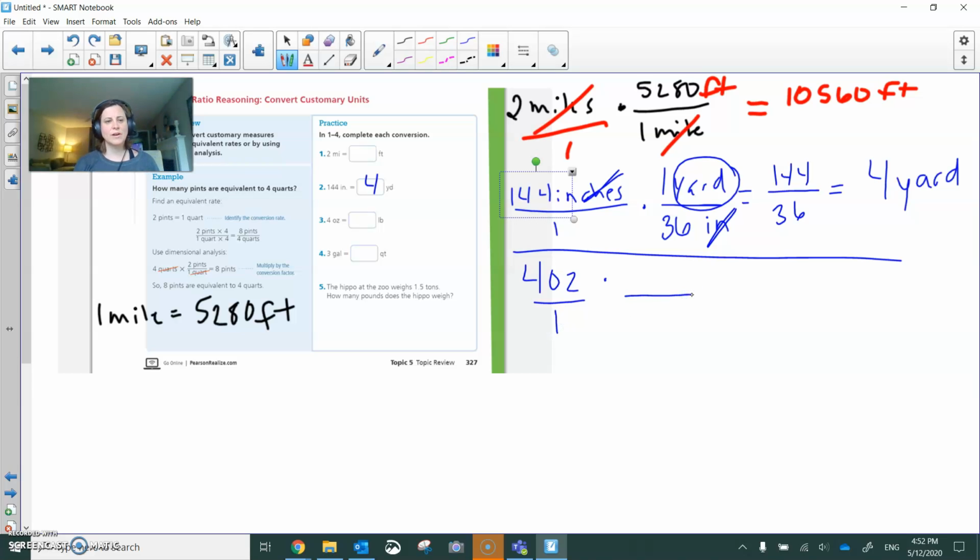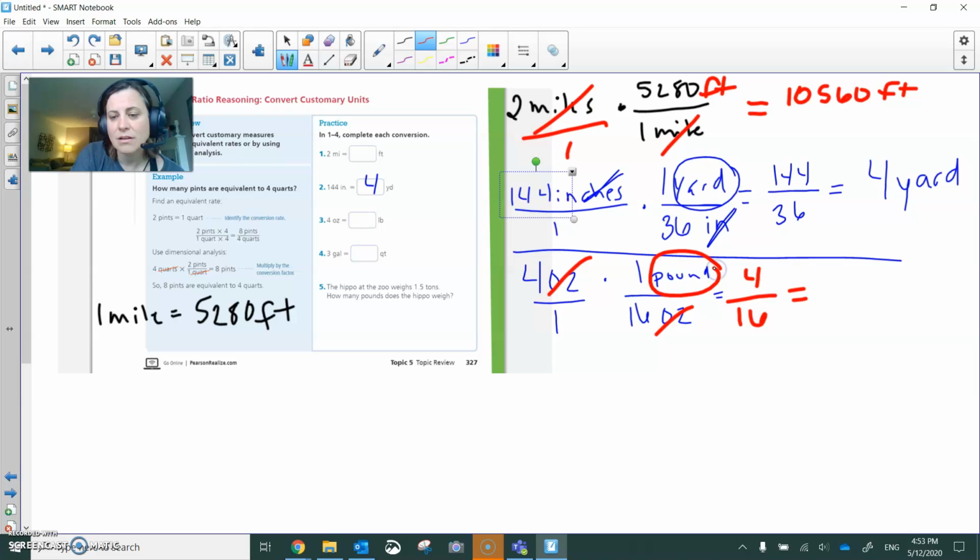And because 4 ounces is in the numerator, I'm going to put 16 ounces in the denominator, and that's 1 pound. So ounces cancels ounces. 4 times 1 is 4. 1 times 16 is 16. The only unit that's left is pound. 4 divided by 16 is 0.25 pounds. A quarter of a pound. 0.25.